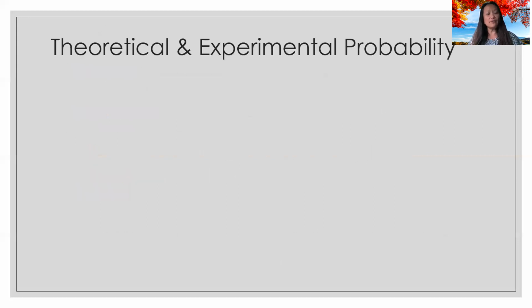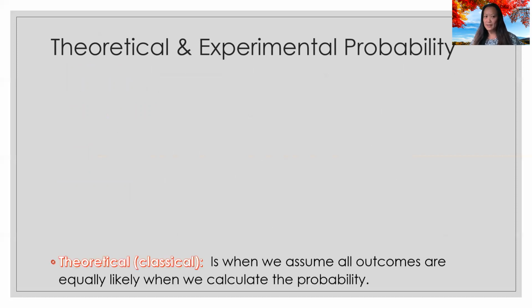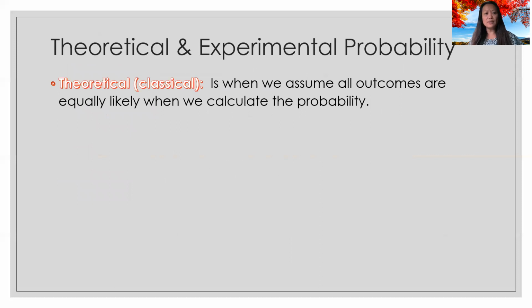Now we have to distinguish between theoretical and experimental probability. Okay, so sometimes theoretical can be called classical probability, but in this class we'll use the word theoretical. It is when we assume that all outcomes are equally likely when we are calculating the probability. Basically, it is what you expect to happen, okay?